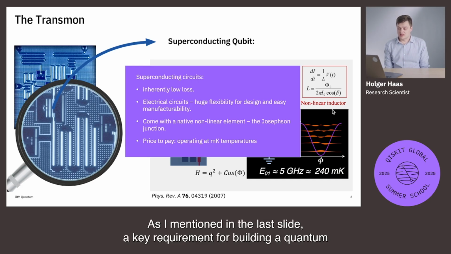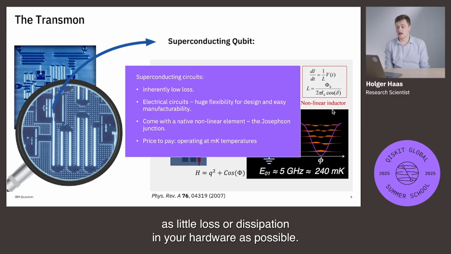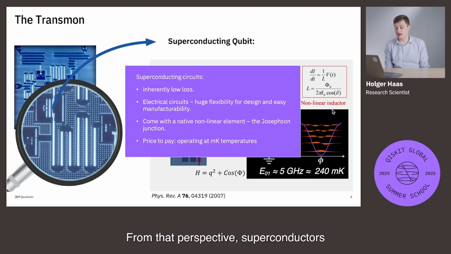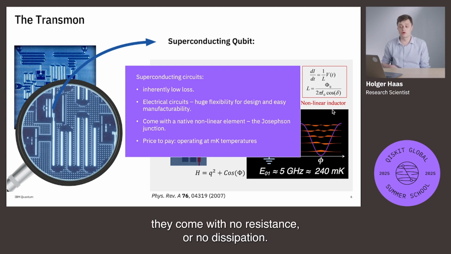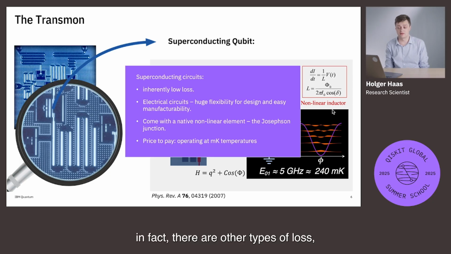As I mentioned in the last slide, a key requirement for building a quantum computer is the survival of the quantum information, which essentially translates into wanting as little loss or dissipation in your hardware as possible. From that perspective, superconductors have that really desirable property. They come with no resistance or no dissipation. Now, of course, that doesn't actually mean that you have no loss. In fact, there are other types of loss, but it is a great start.